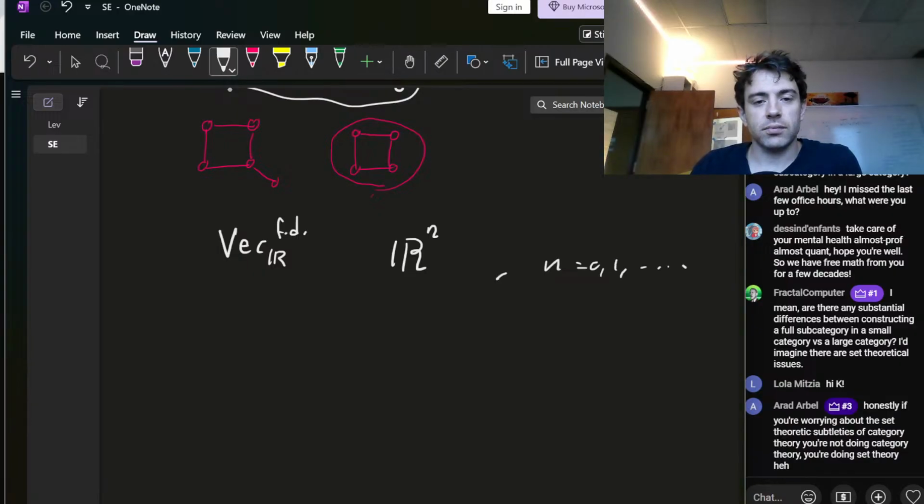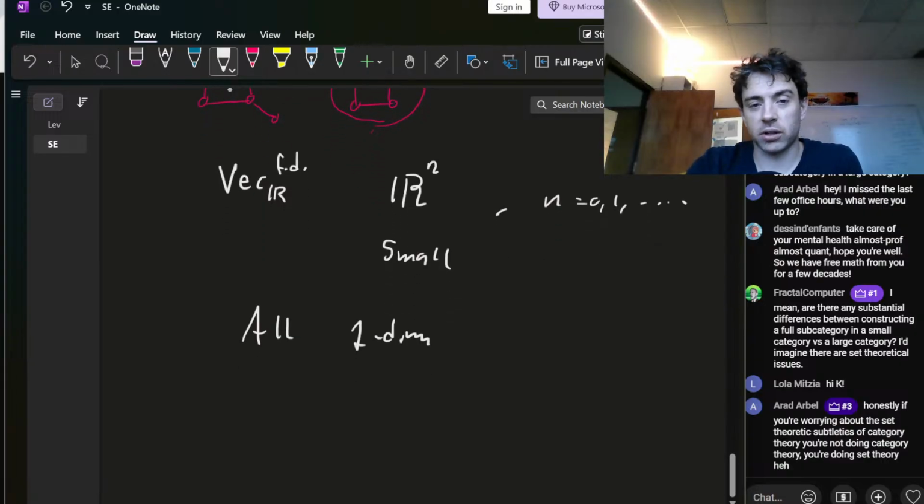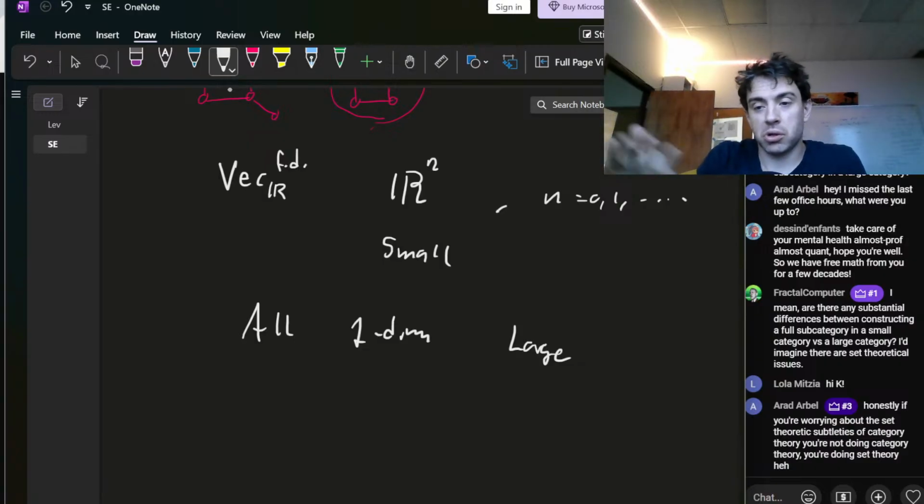And this would then be a small full subcategory. Or you could take the subcategory of all one-dimensional vector spaces, take the full subcategory generated by those, and then that itself would be large, right? But yeah, you could just do whatever.